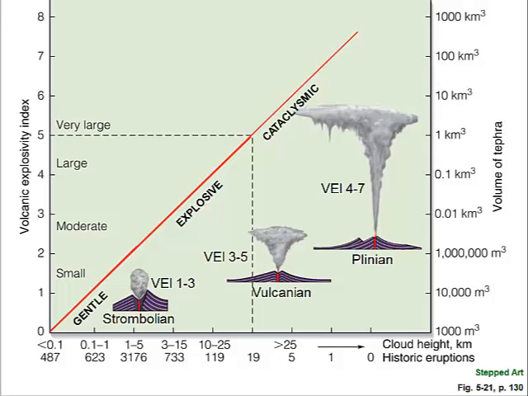Then you have the Vulcanian, which are volcanic explosivity indexes of 3 to 5. That would be almost Mount Pinatubo, maybe. It's getting there. And then the Plinian, which are volcanic explosivity indexes of 4 to 7. These are huge eruptions. These would be the supervolcanoes. And these are cataclysmic sort of eruptions that change the way the planet functions.